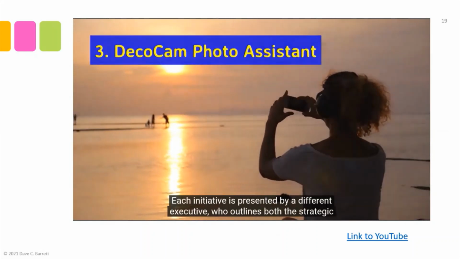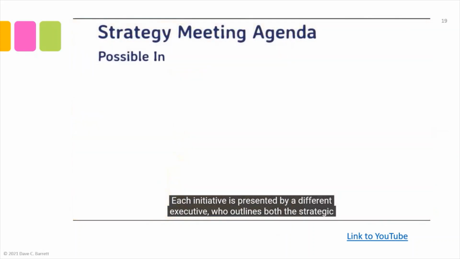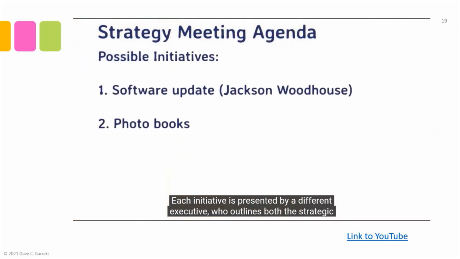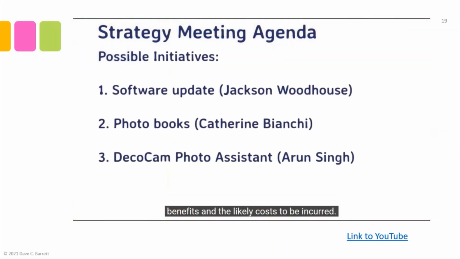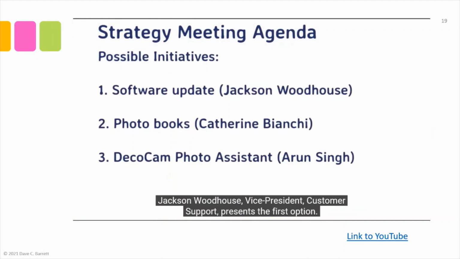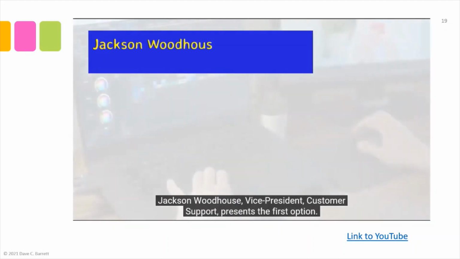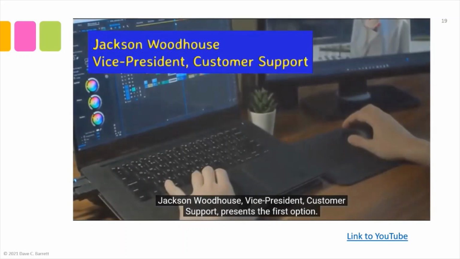Each initiative is presented by a different executive who outlines both the strategic benefits and the likely costs to be incurred. Jackson Woodhouse, Vice President, Customer Support, presents the first option.